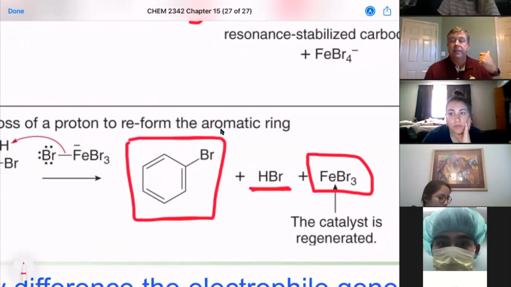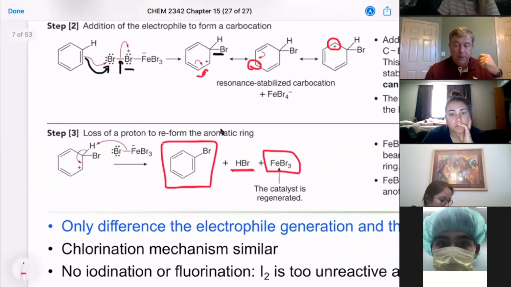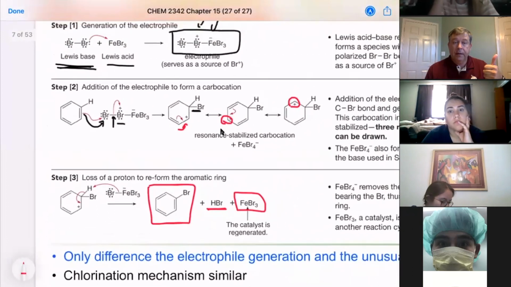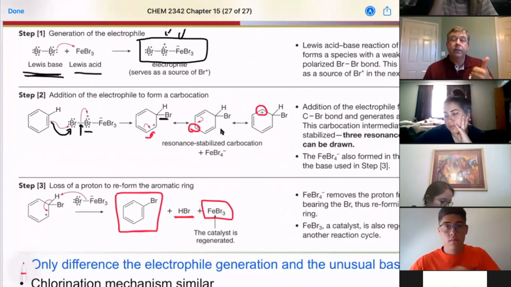So if we look at the whole thing together stepwise, we generate our electrophile first. Our benzene then interacts with that electrophile to generate a carbocation and an sp3 hybridized center. We lose a hydrogen to regenerate our sp2 hybridized center and re-aromatize the ring.